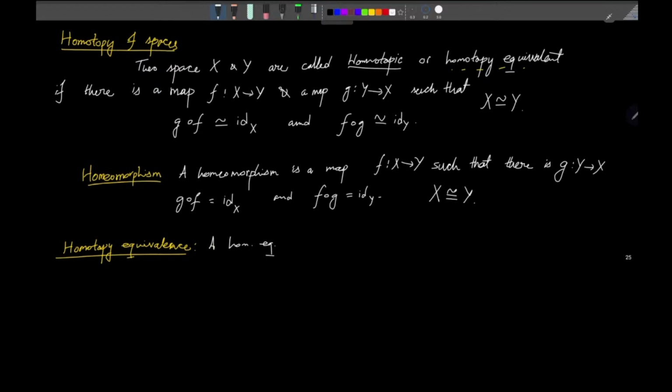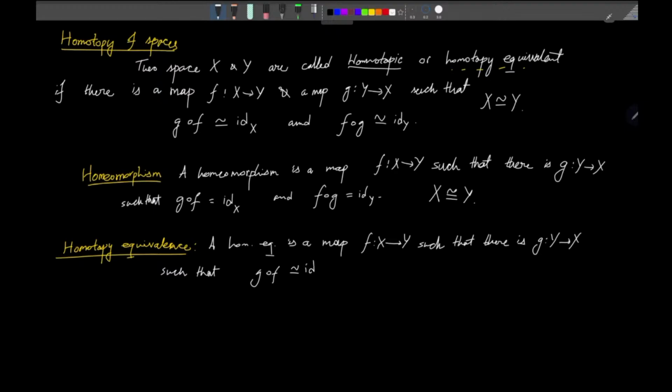A homotopy equivalence is a map F from X to Y, such that again there is a map G from Y to X, such that G composed with F is homotopic to the identity on X, and F composed with G is also homotopic to the identity on Y. That is what really homotopy equivalence is.